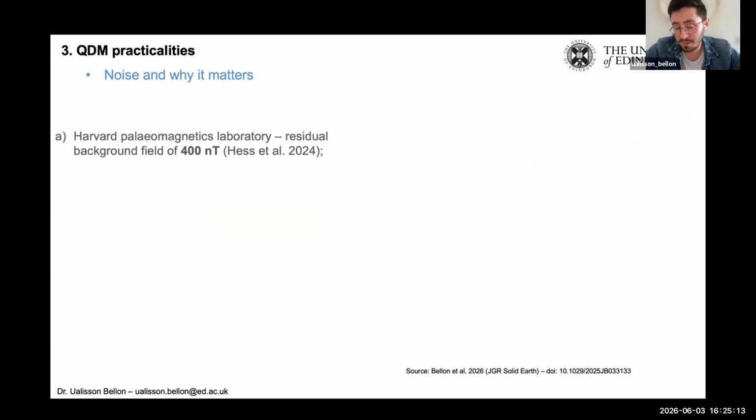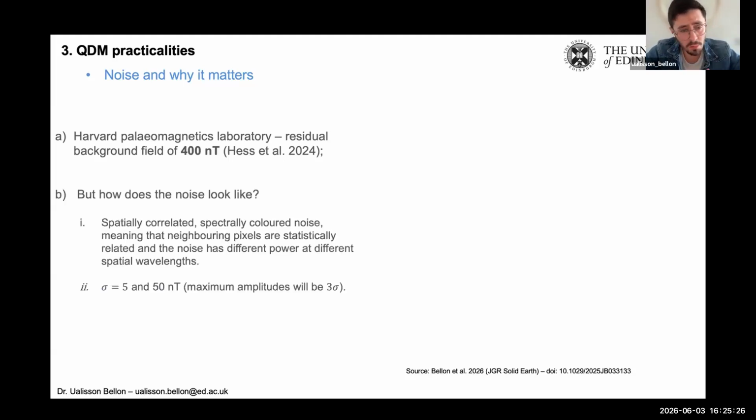However, we know from experimental data, and here we're quoting, for example, Haas and collaborators 2024 from this same data that was acquired at Harvard, that there is a background field of around 400 nanotesla. And on top of that constant background field, we also have noise.